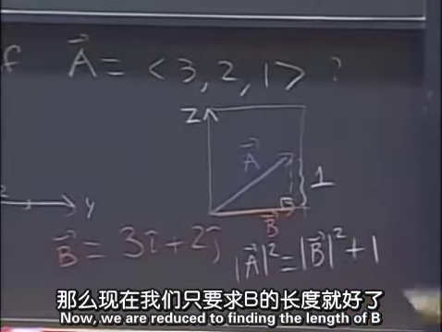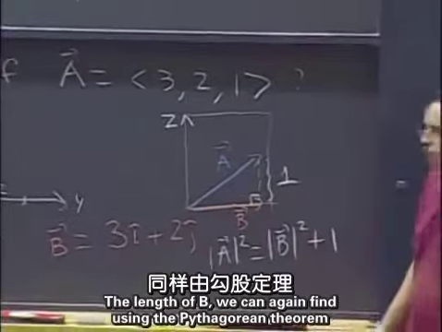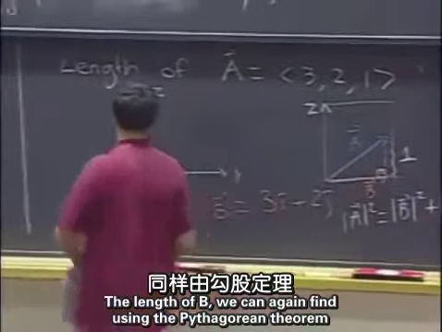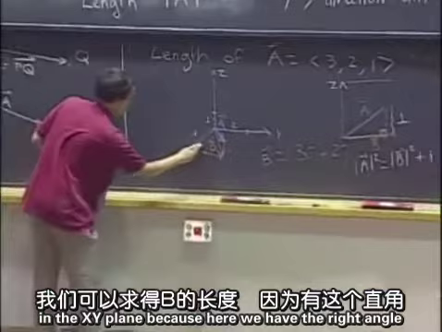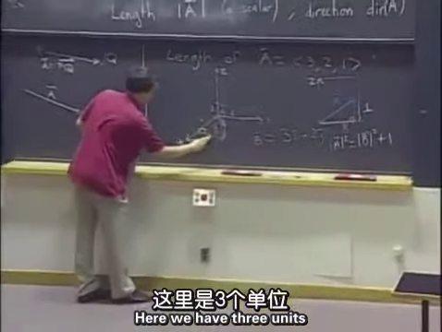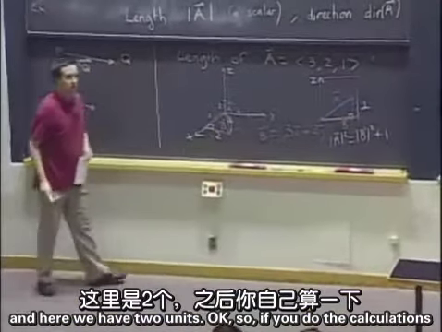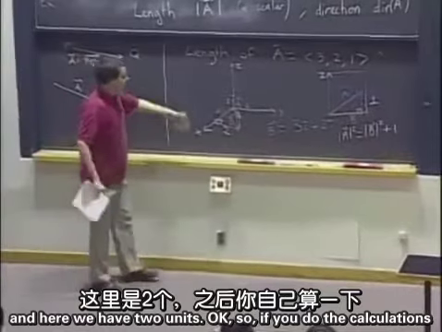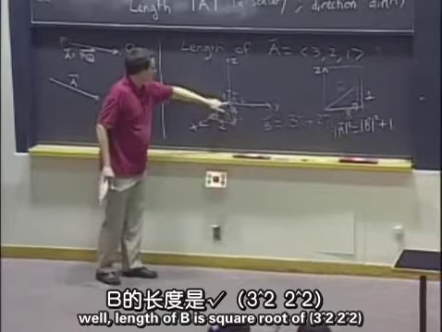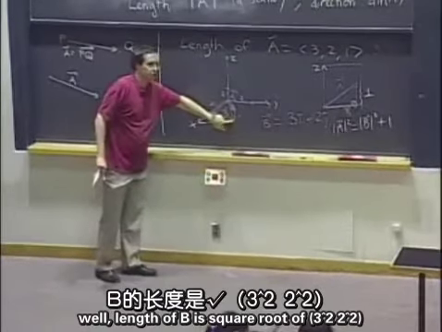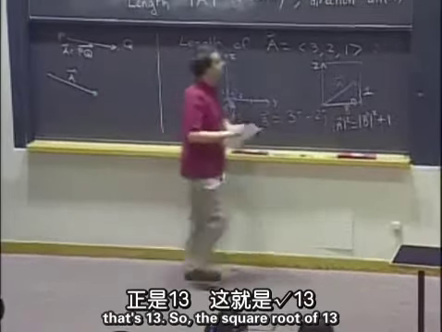Now, we are reduced to finding the length of B. But the length of B we can again find using the Pythagorean theorem in the xy plane, because here we have a right angle, here we have 3 units, and here we have 2 units. Okay, so if you do the calculations, you will see that the length of B is the square root of 3 squared plus 2 squared, that's 13, so square root of 13.